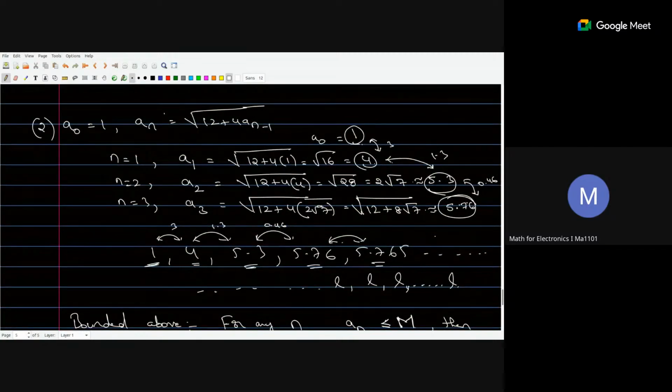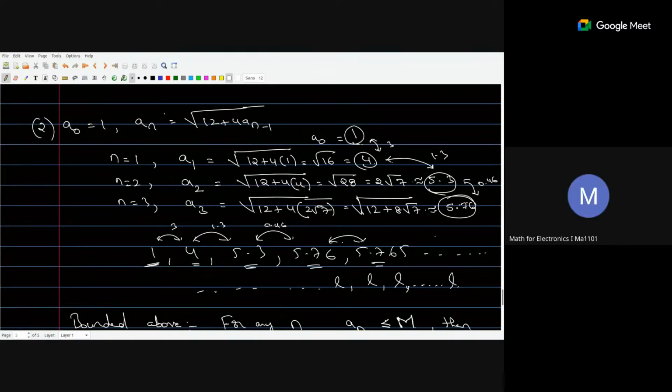I just said by observing the values 1, 4, 5.3, 5.76 and 5.765 and so on. By looking at the trend of the sequence, maybe 100. Can I say any number from the sequence will not go above 100? Yes, sir. Is my assumption correct or wrong? Correct.